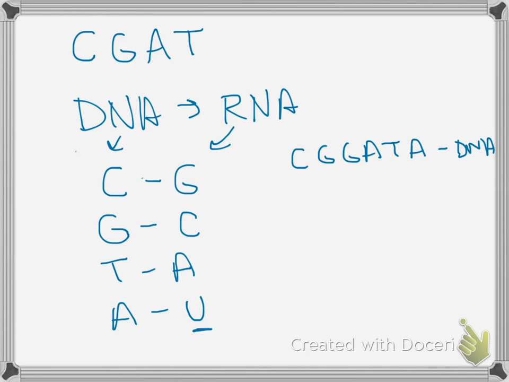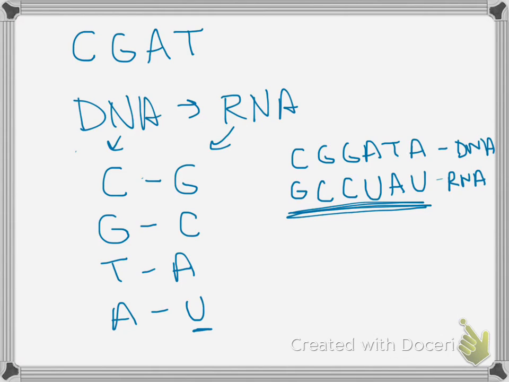The complementary RNA strand would be: C always pairs with G, so that'd be G. G always pairs with C, so that'd be C. This G would pair with a C. This A would pair with a, I would say T, but remember, RNA doesn't have T's, so it has U. T's pair with A's, and A's pair with U's. So this right here is the complementary RNA strand to this DNA strand.